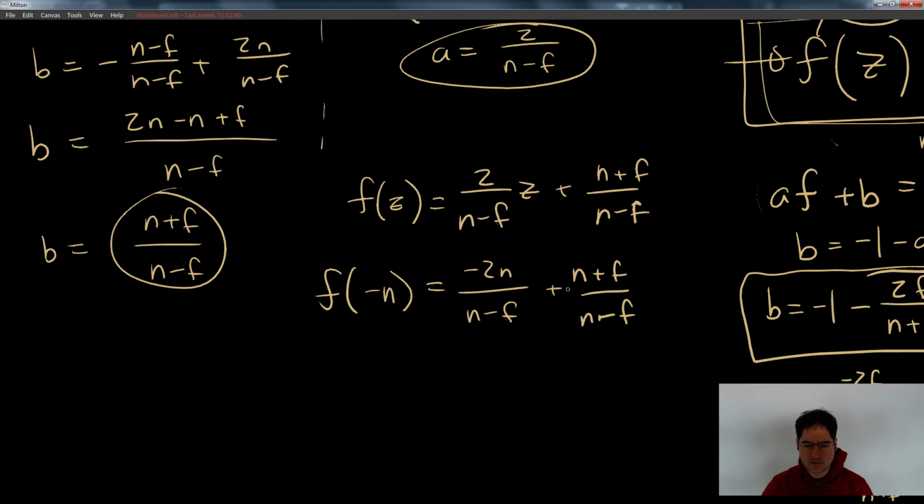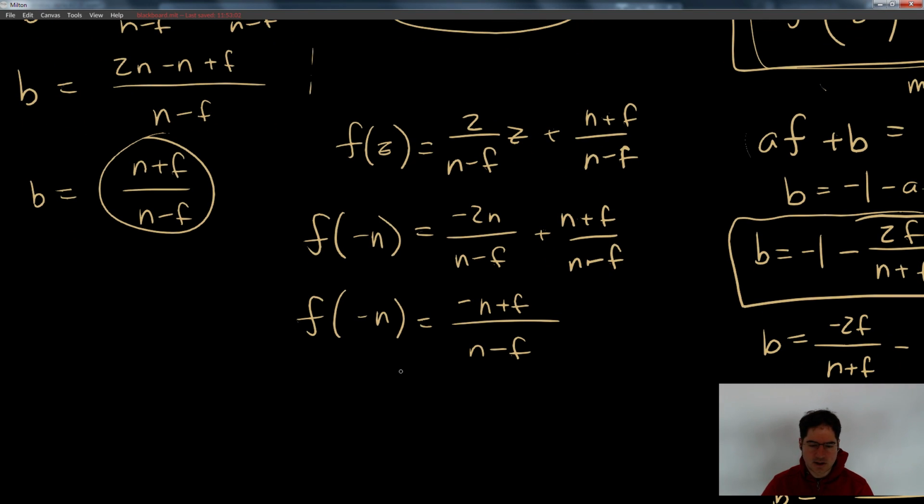When I combine these, you can see what I get. I get minus n, because I got negative 2n here and I've just got an n there. So I get minus n plus f over n minus f, right?